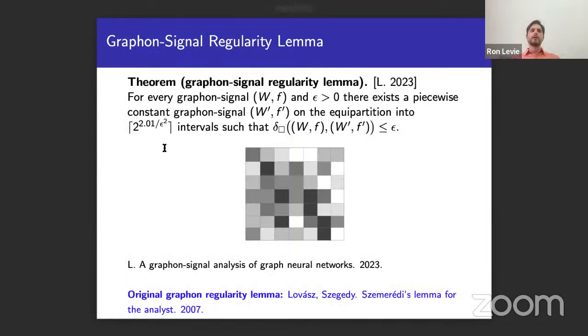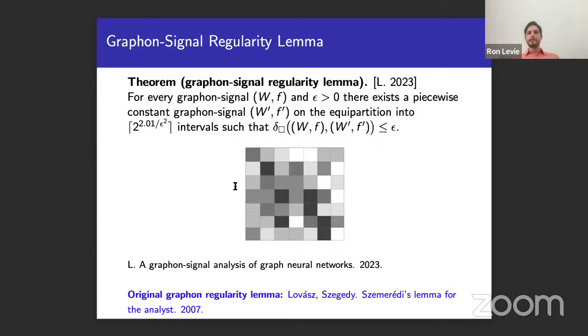And now, if you think about it, what is nice about this version of the theorem is that it's not only that the number of classes doesn't depend on the graphon signal, but the classes themselves don't depend on it, because the whole analysis is up to permutations. We can always take the partition to be the intervals.